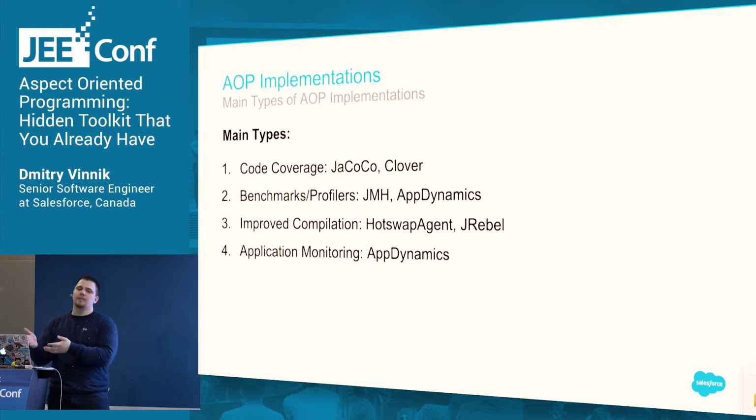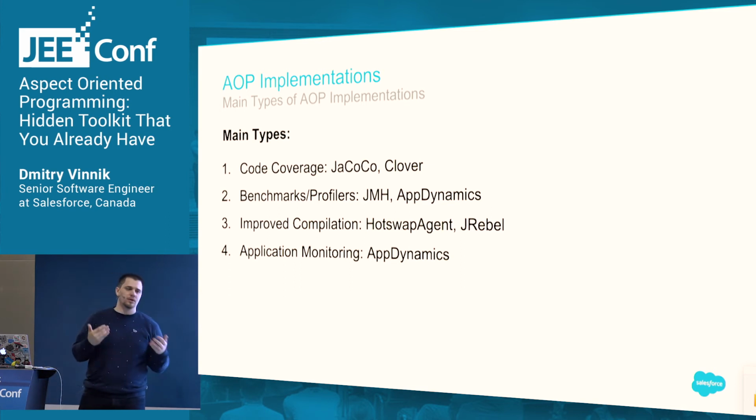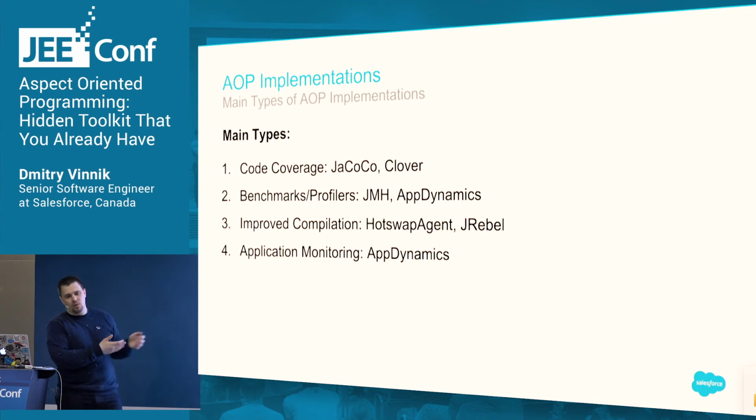So there are certain types of AOP implementations out there. The first one is, of course, code coverage, basically the questions we had from the start, which is what I'm going to go through here. So code coverage, with examples of JaCoCo or Clover; benchmarks and profilers, another usage of aspect-oriented programming. I'll talk about JMH as an example, and AppDynamics as the enterprise solution.